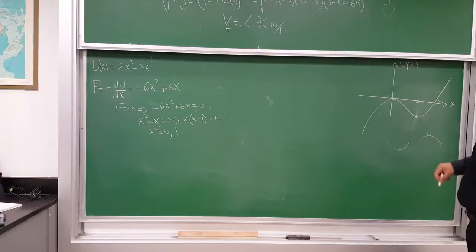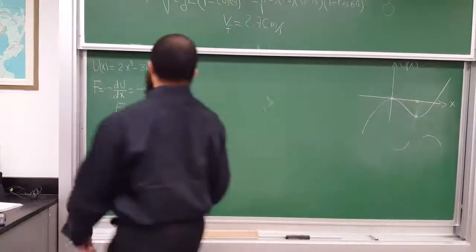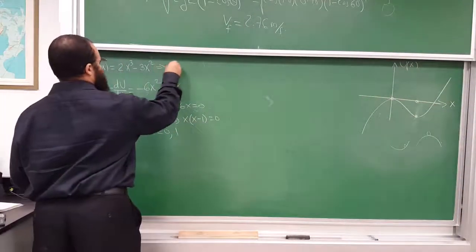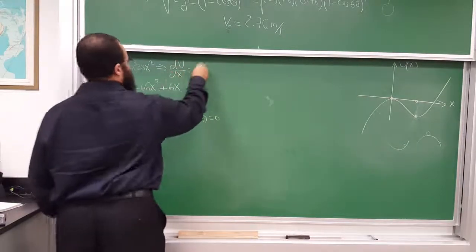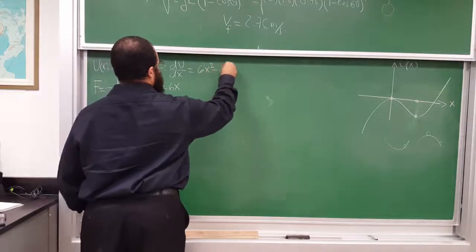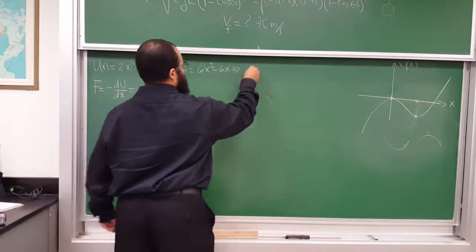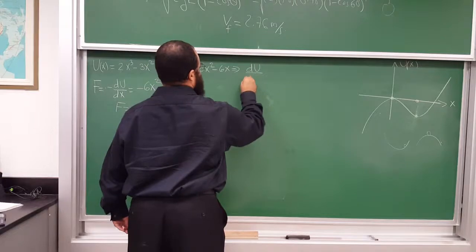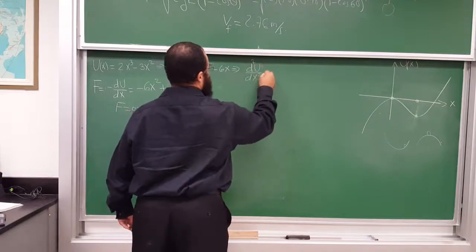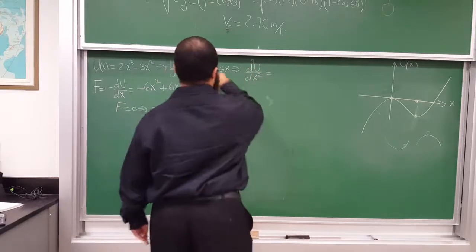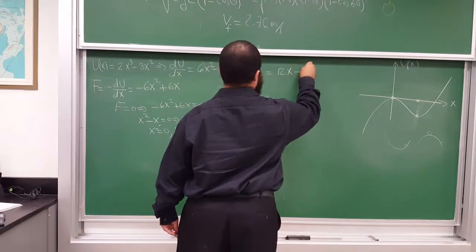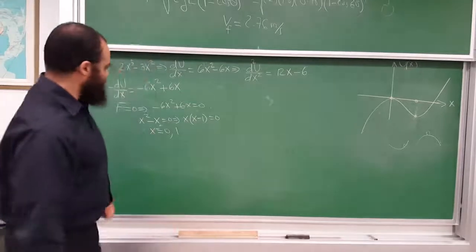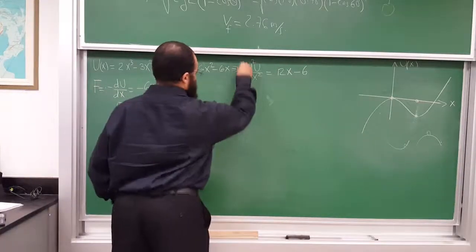So let's confirm that this is stable and this is unstable. We take the second derivative of U. dU/dx is 6x squared minus 6x, and the second derivative would be 12x minus 6.